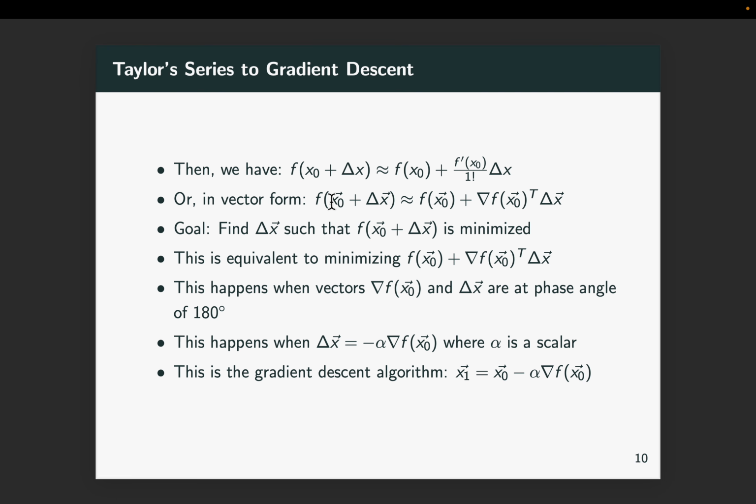So we said that we are currently at x naught, and we want to move from x naught to x1, the first iteration point, by moving a small value delta x such that the function's value is reduced, minimized. So we take delta x to be minus alpha times the gradient vector evaluated at the point x naught. Therefore, we can write x1 vector equal to x naught vector minus alpha times the gradient of f evaluated at x naught, which is the same as the gradient descent update rule which we saw.